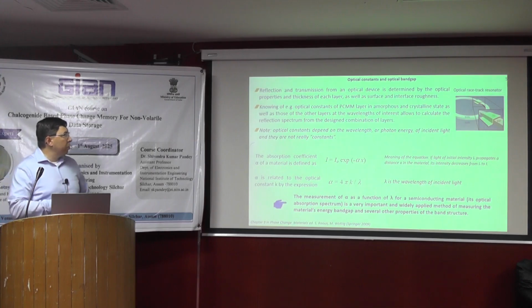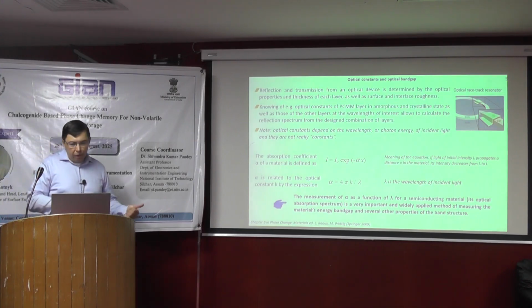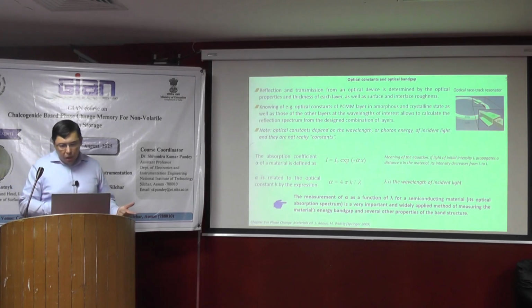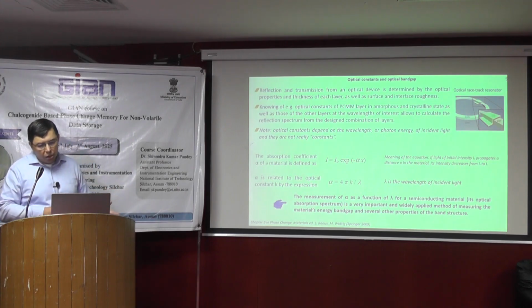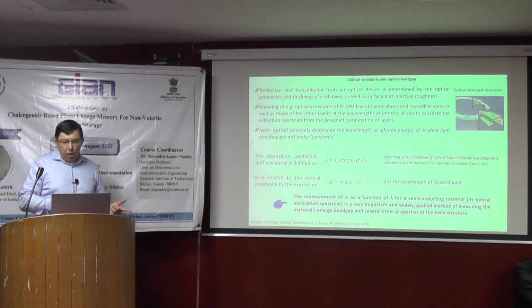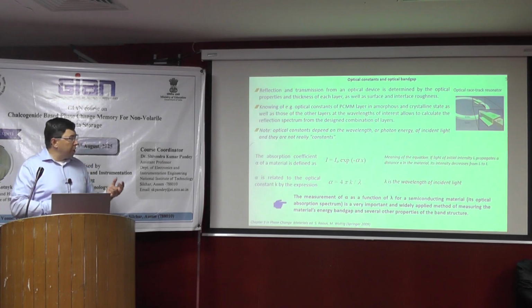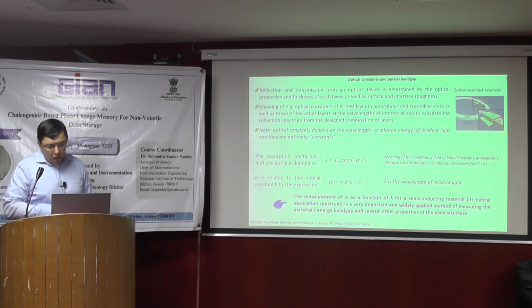So we need to know optical constants like n and k. This is n, the refractive index, and k, the extinction coefficient, and they both describe how the material interacts with light.